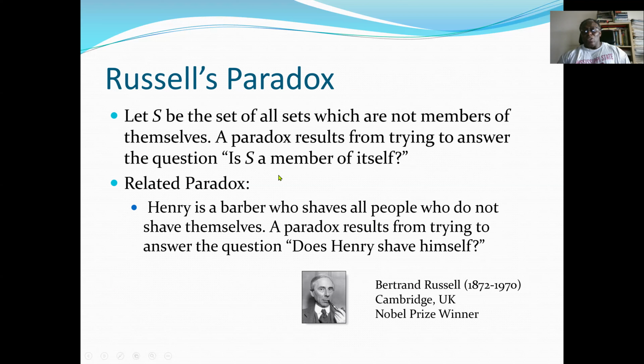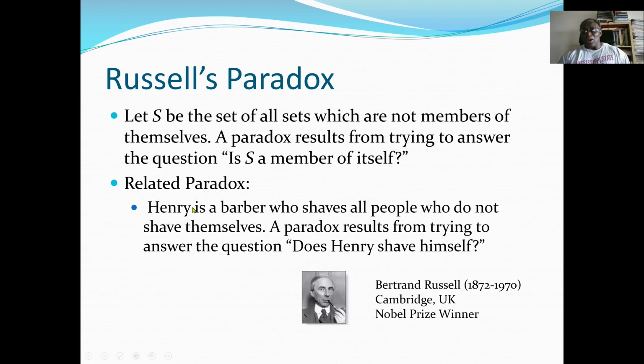So this is again Russell's paradox. Another related paradox: Henry is a barber who shaves all people who do not shave themselves. A paradox results from trying to answer the question, does Henry shave himself?